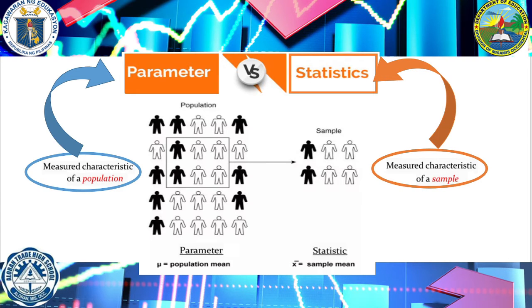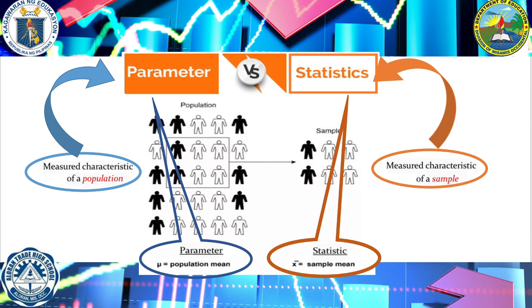This measured parameter is known as the population mean. Sometimes it is in the form of population standard deviation, or even population variance. While all the data that we gathered from the sample is known as a statistic. It could be the sample mean, or the sample standard deviation, or the sample variance.